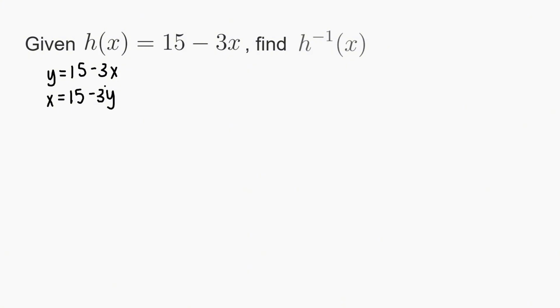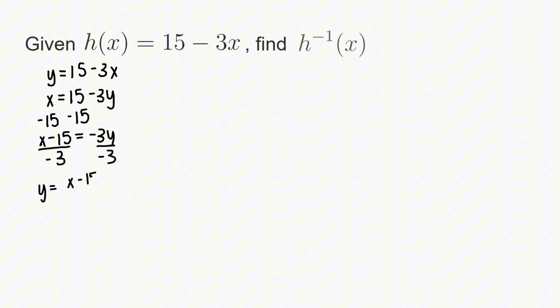Now, we solve for y, so we can subtract 15 from both sides to get x minus 15 equals -3y. Divide both sides by -3 to isolate y, and we get y equals x minus 15 divided by -3.